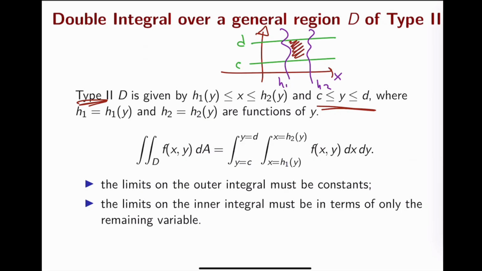When we have a domain given in this way, the outer integral is going to have to be the one of y, because it's the one that varies between two constants. So we do y as the outer integral, and the interior one is going to be the one that depends on the two functions.